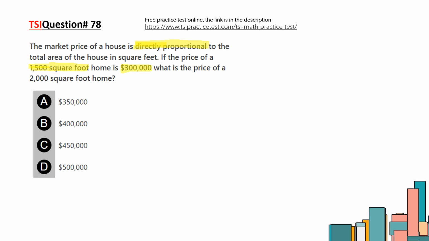Remember, the same variable will have the same unit. So that 2,000 right here will be how much?